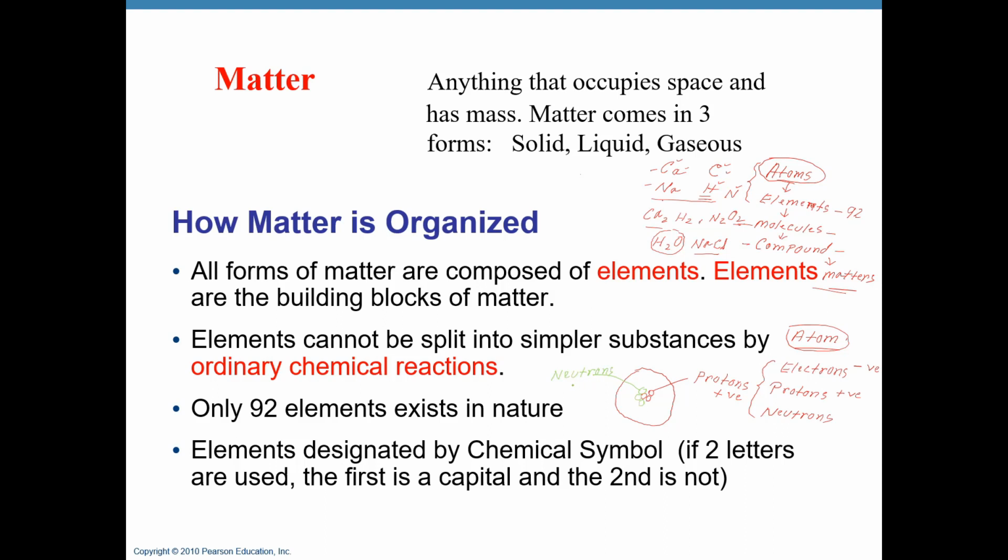So neutrons are neutral. So you see in the nucleus you have the same number of protons and neutrons. So in this atom, it has 3 protons and 3 neutrons, equal number.